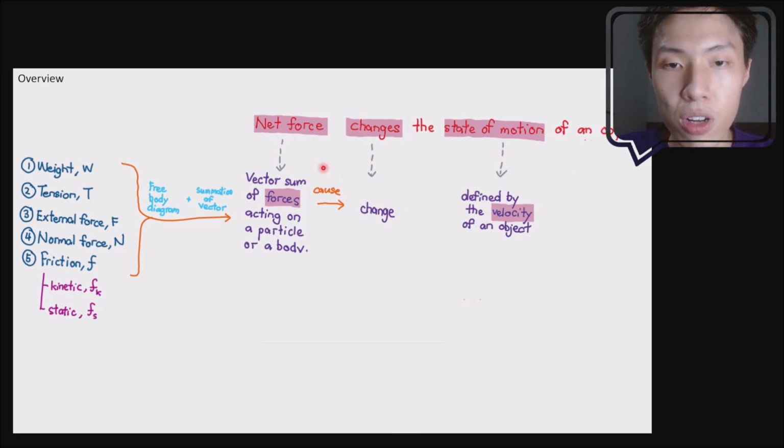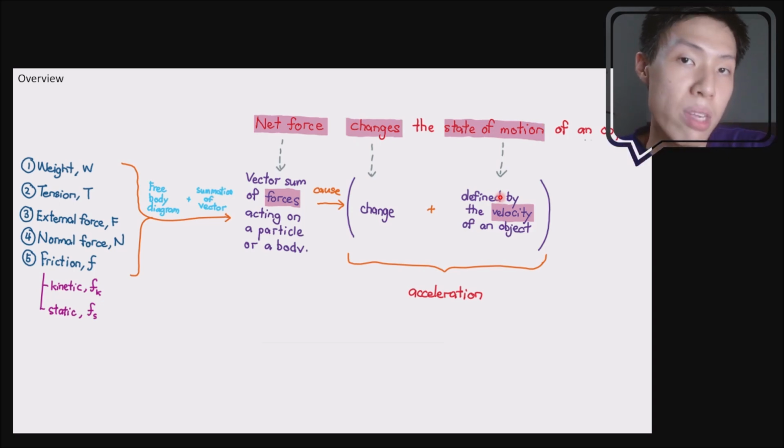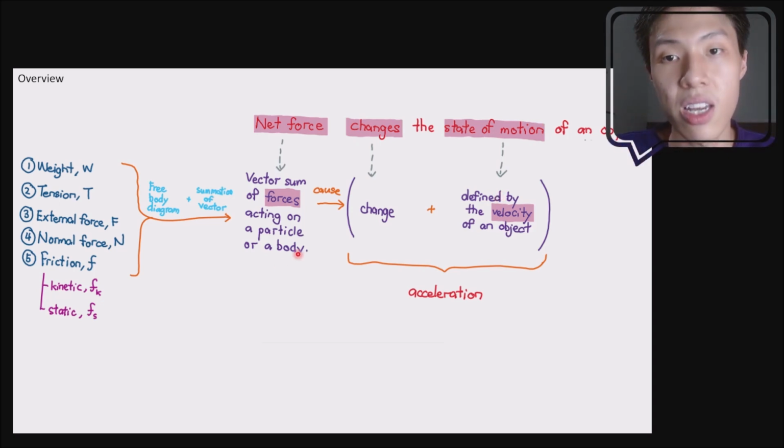If net force causes a change in the velocity of an object, it means net force causes acceleration for an object. Because if a velocity changes, that means the acceleration is not zero. If you have a non-zero acceleration, that means you are having a change in velocity. So net force causes acceleration to an object.